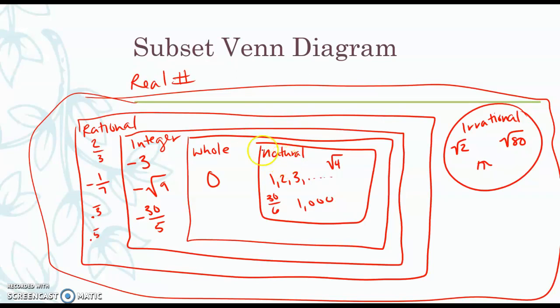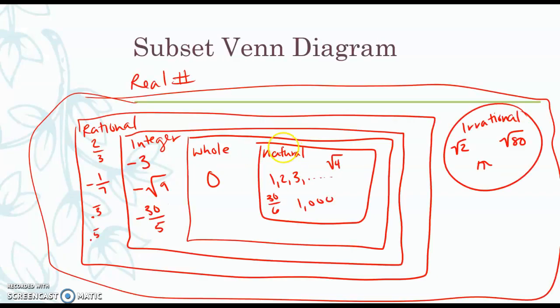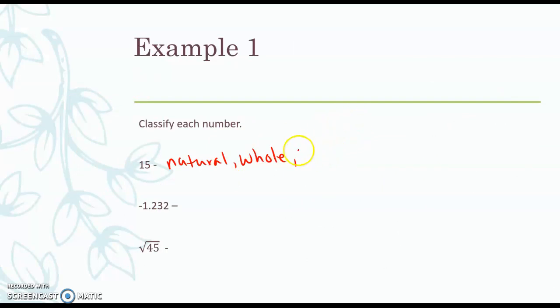If it's natural, then it is also whole because natural is encompassed in the whole. So it is also a whole number. If it is a whole number, then it is also an integer. If it's an integer, it is also rational. And then they are all real.